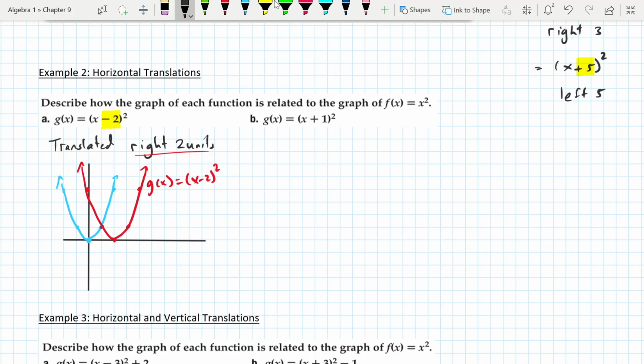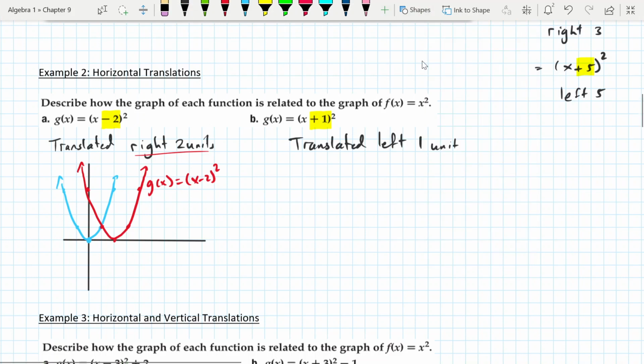Let's take a look at part B. I have plus 1 inside of the parentheses. So g of x equals x plus 1 quantity squared is going to be translated left 1 unit.